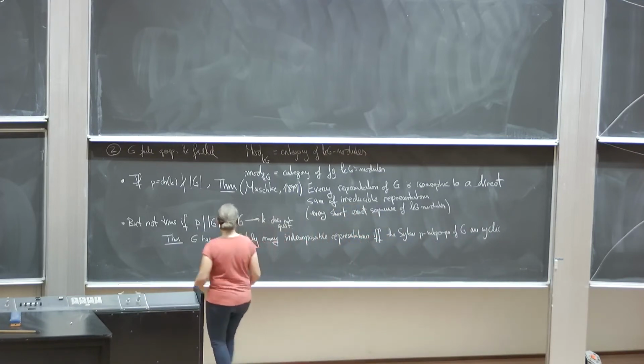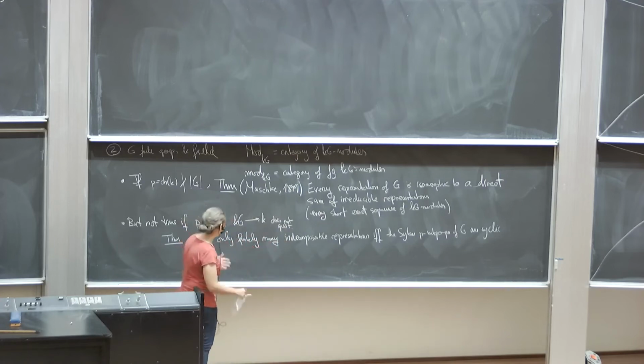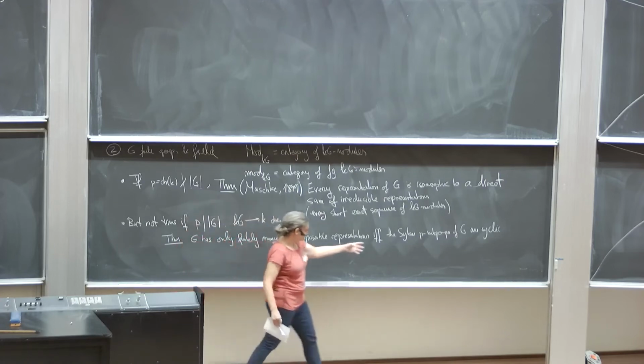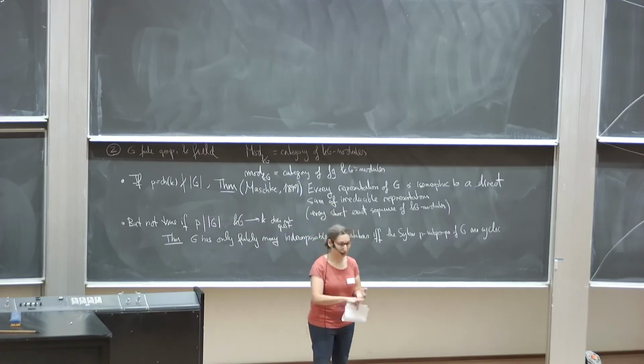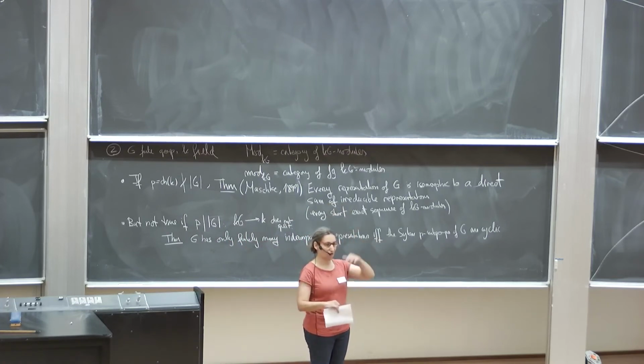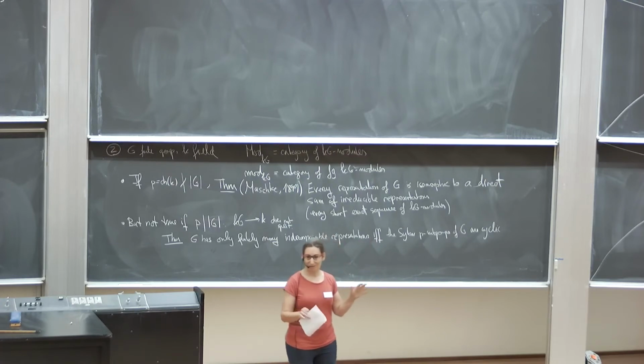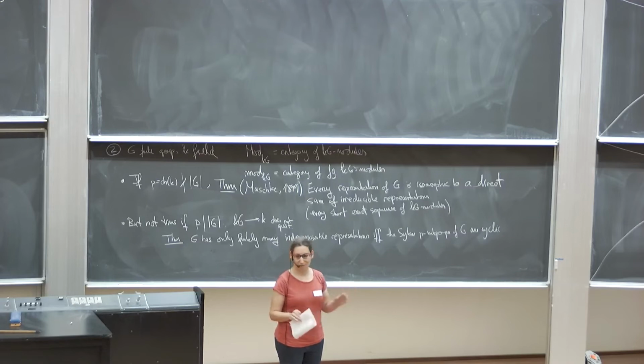Only in a very few cases in which the Sylow is not cyclic, I think it's dihedral, semi-dihedral, and quaternionic, only in those cases you have families, and you can classify indecomposables in families. But in general, you don't even have this situation, right?